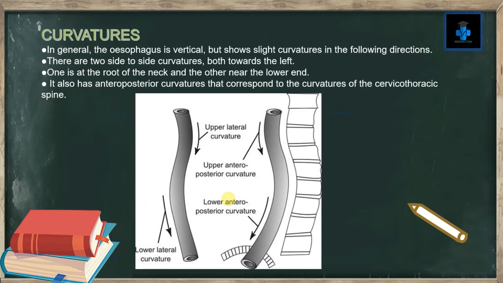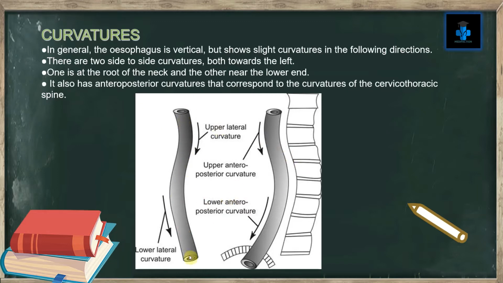Moving on to the curvatures. In general, the esophagus is vertical but shows slight curvatures in the following directions. There are two side-to-side curvatures, both towards the left. One is at the root of the neck and the other near the lower end. It also has anteroposterior curvatures that correspond to the curvatures of the cervicothoracic spine.